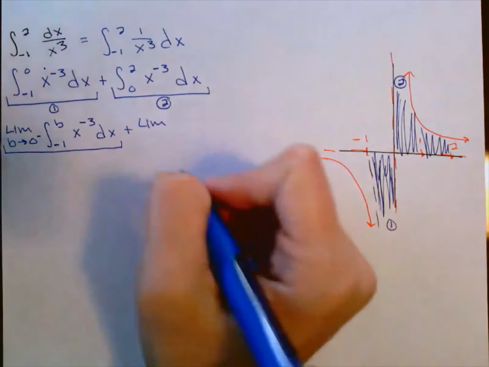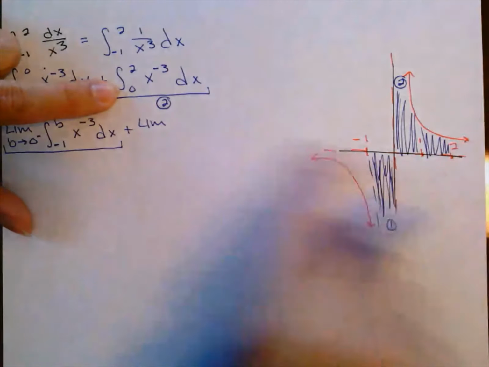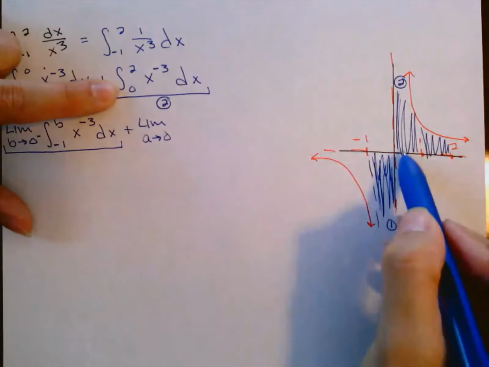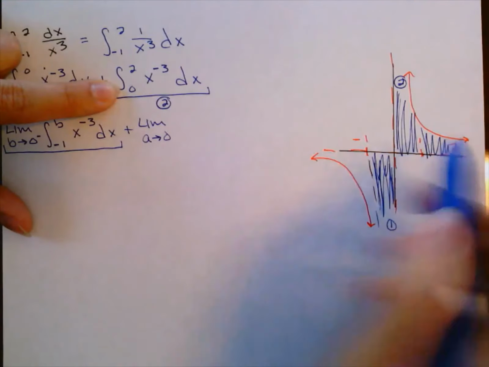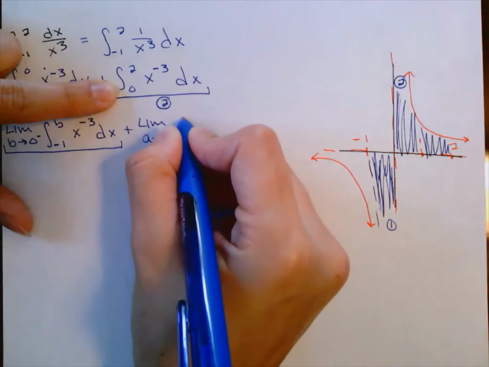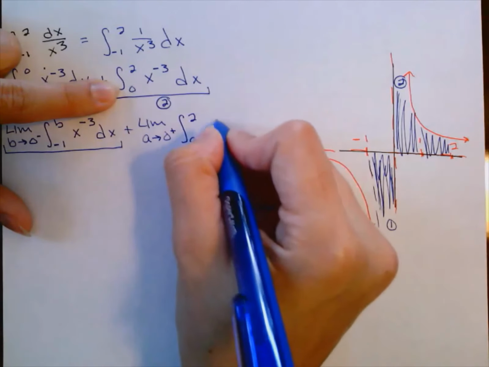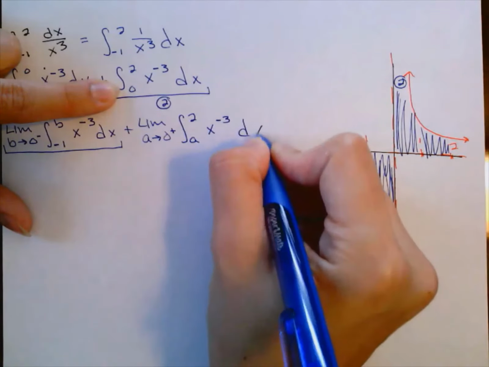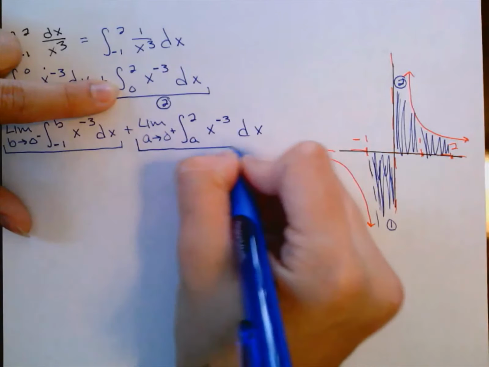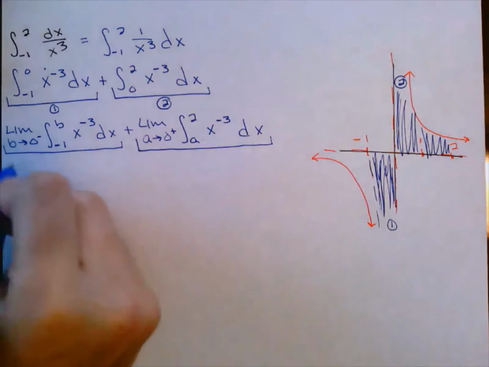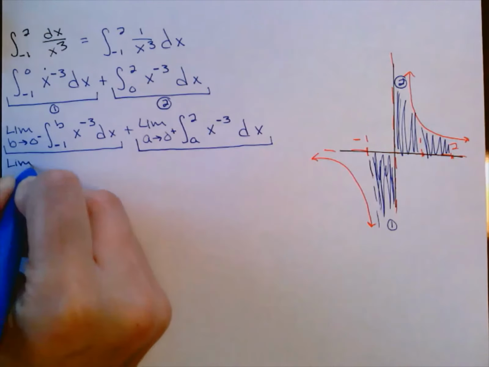Now I'm doing my second. 0 is again my problem area, but it's in the bottom, so I'm going to say as a approaches 0, now I'm finding the area to the right of 0, from a to 2, of x to the -3rd dx. So again, I'm just jotting these little marks here so you can see the first section and the second section.